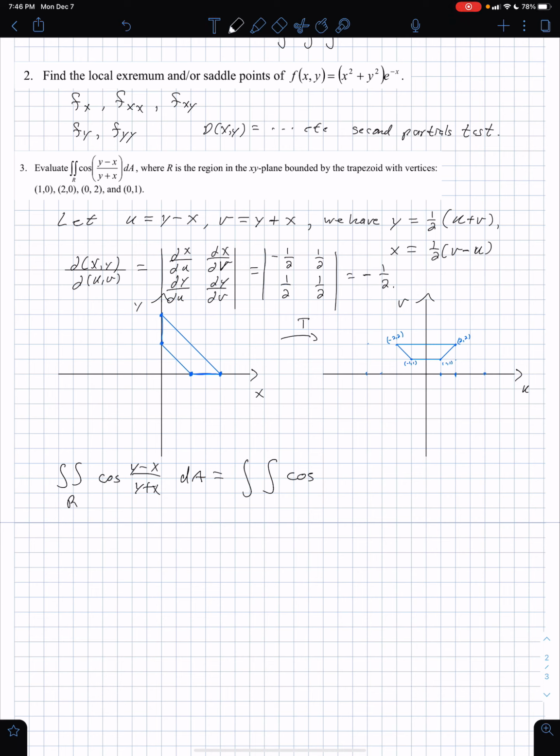So this will be, I'll do the easy part. This is cosine of u over v, and then this is your integrating factor you put in. Okay, then it's going to be du dv, right? And how do you integrate that? And then you got to actually do the integration, but that part's usually pretty easy. Okay, so with that, along with what I gave you in the videos, should be plenty to work through the rest of those details.